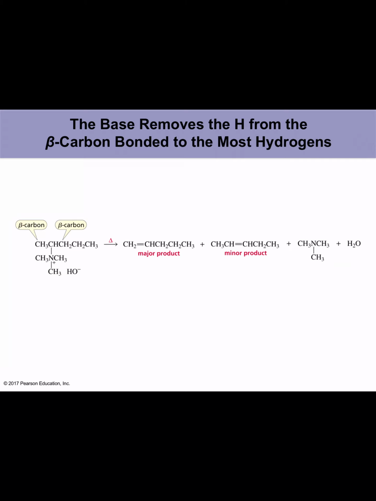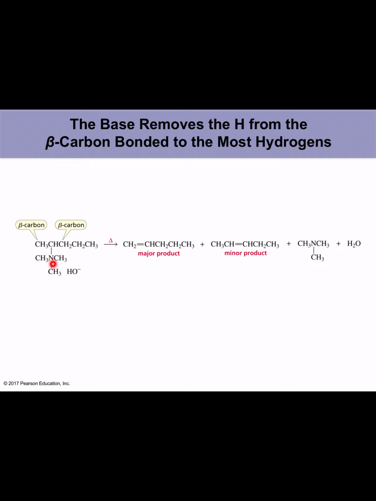The base removes the hydrogen from the beta carbon bonded to the most hydrogens. So like I explained earlier, this nitrogen has 3 methyl groups, and this is the beta carbon. Now in this case it shows you if you have 2 beta carbons.